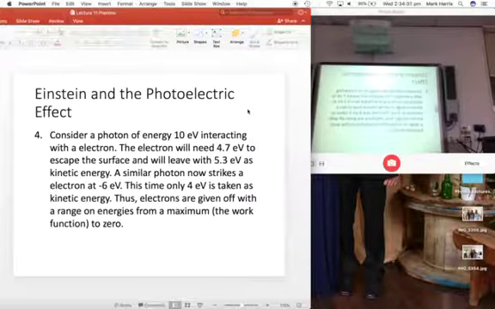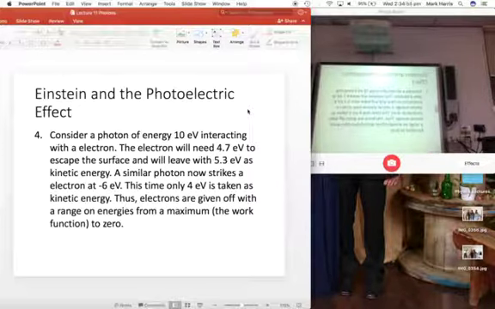So that electron now has 5.3 electron volts of energy whizzing around the room. What if the electron that it hits was at 10 electron volts? It will jump the gap, but it will just sit there at the surface. It will have 0 electron volts.